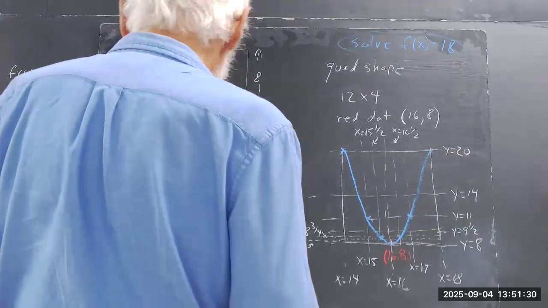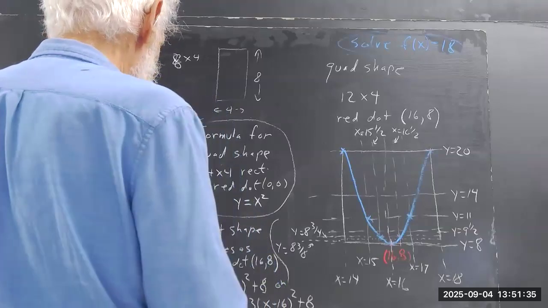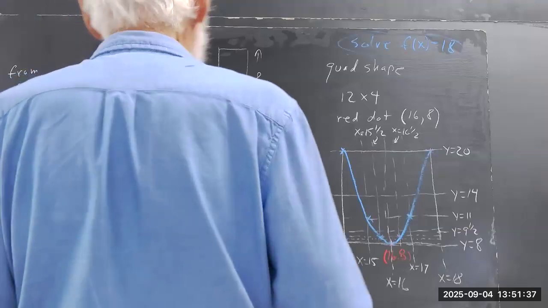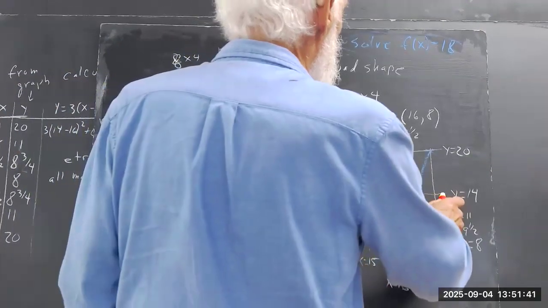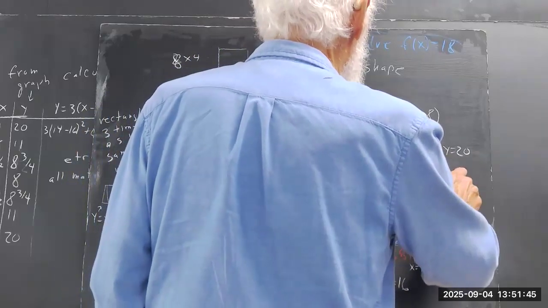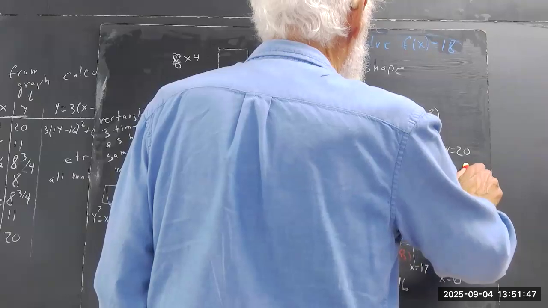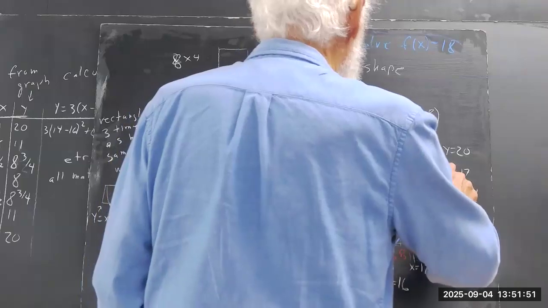To solve f of x equals 18 using the graph, first of all, we figure out where 18 is. Here's 14, here's 20. So halfway between 14 and 20 is 17. So y equals 18 is probably about here.